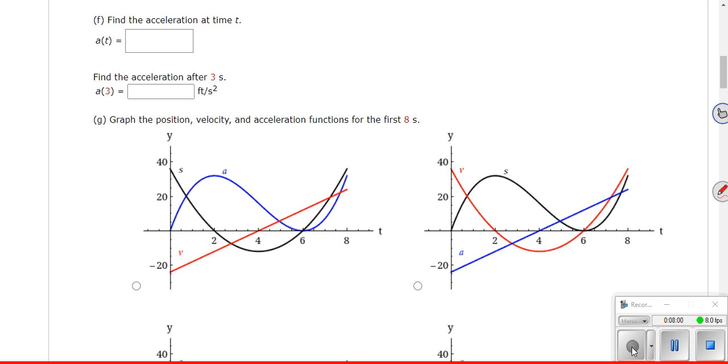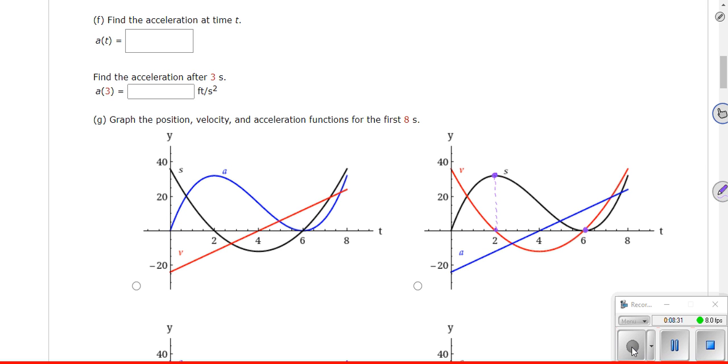Just for instance, the second one over here, this s function here, velocity should be 0. Here, velocity should be 0. Actually, as I say this, I notice it is. So that's your position function. Velocity should be 0 when you have a change in the direction your position function is going in. I hope that rings a bell from back when we first started talking about derivatives.